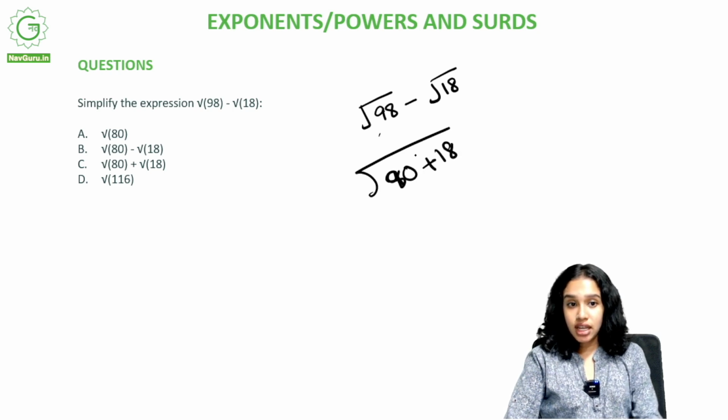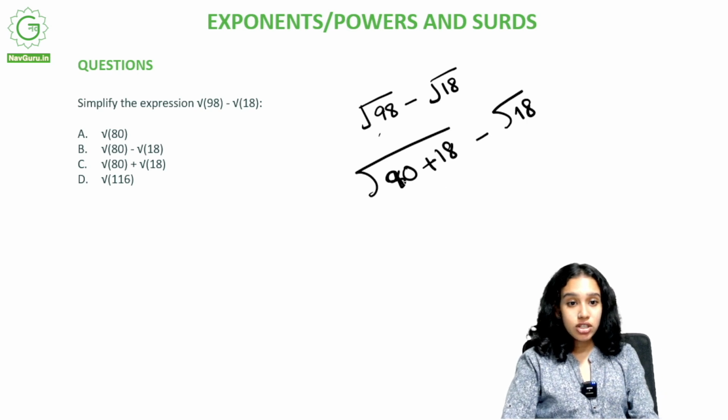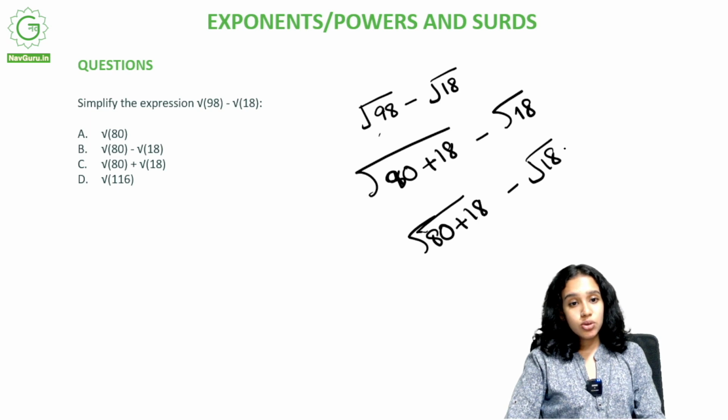Is it fine? And we could write it as root of 80 plus 18 minus root of 18, right? So, what do we do from here?